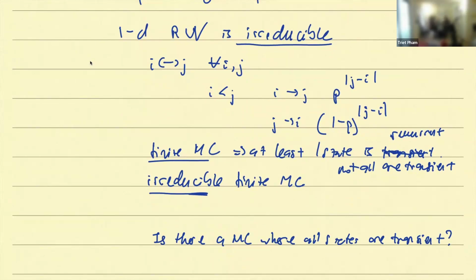Is it possible for there to be a Markov chain where all states are transient? The answer is yes.